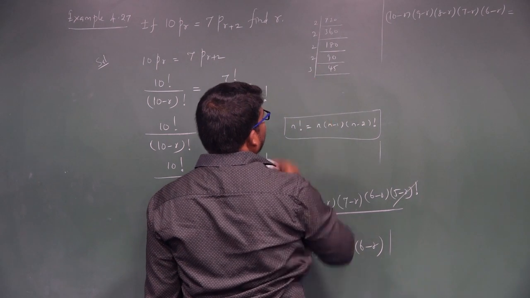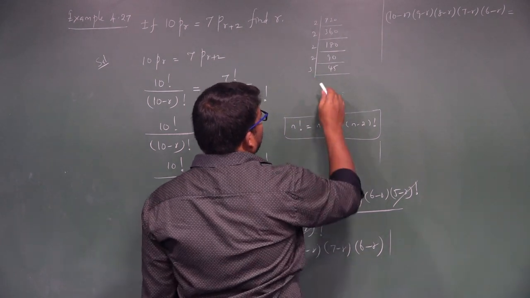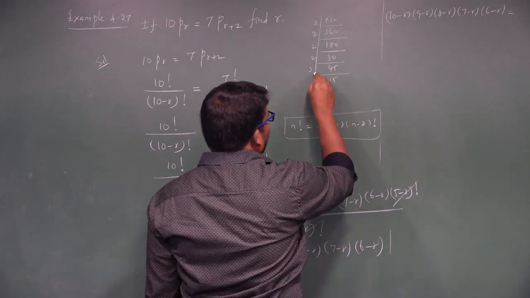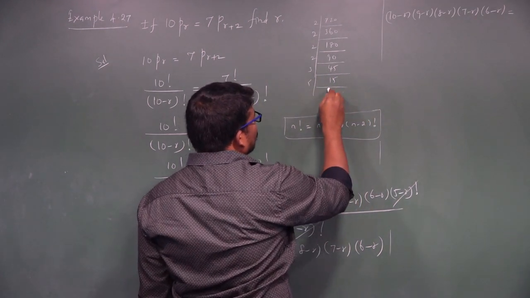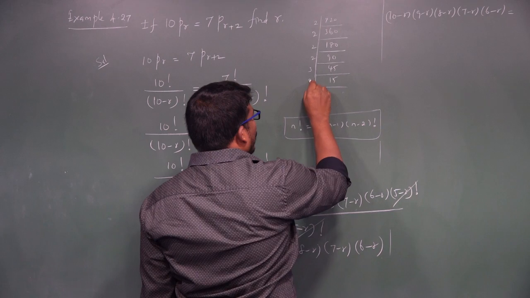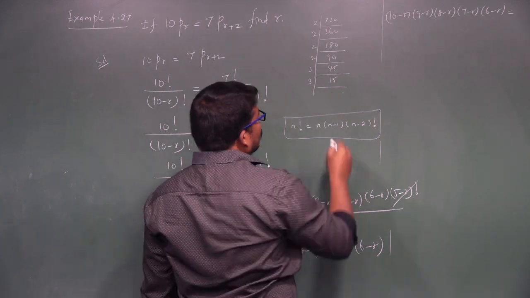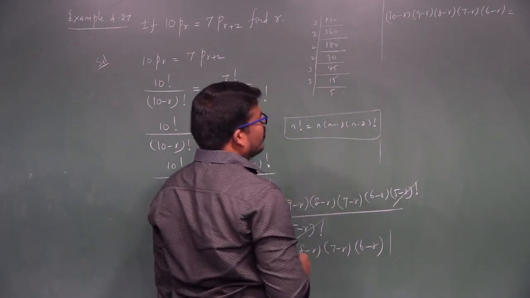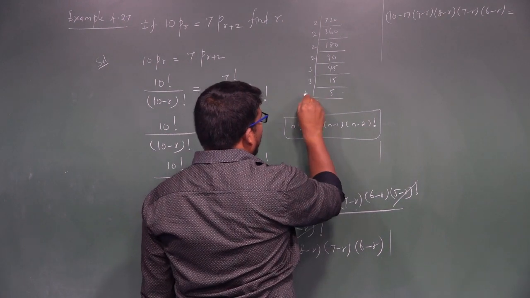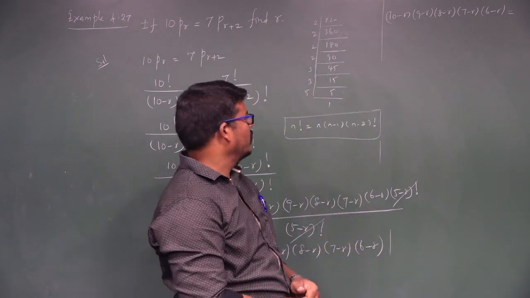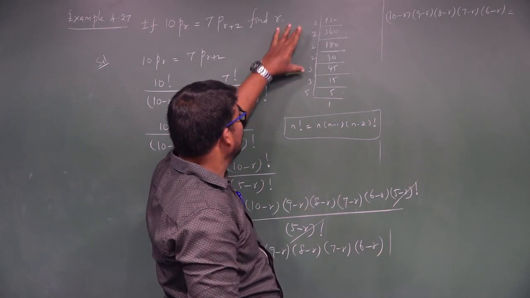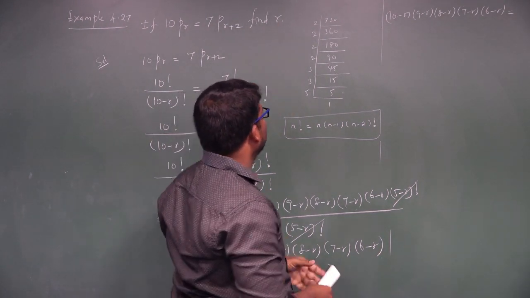Then the 3 table: 15 into 3 is 45. And the 3 table again: 5 3s are 15. And the 5 table: 1. Now reduce the 720 into 5 terms.